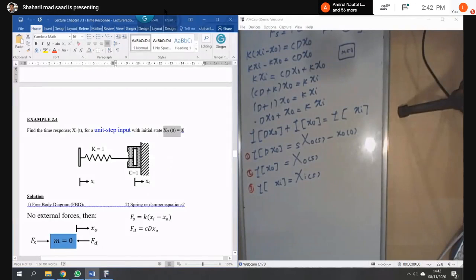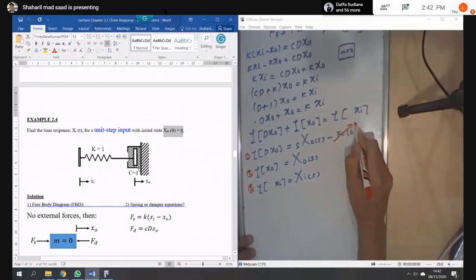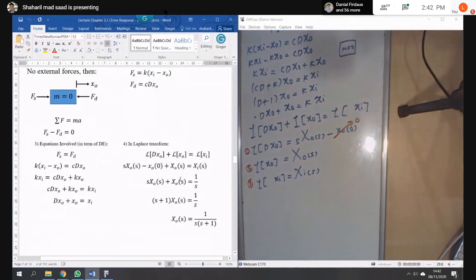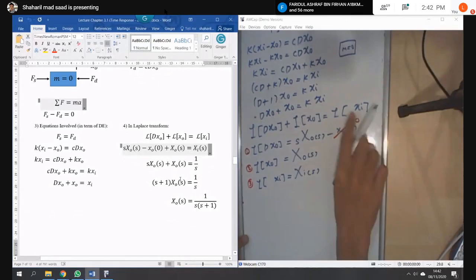Oh yes, it is given to you that x naught equals 0. That means at the initial stage there is no displacement. So what you can do is put it as 0, and you only have this one left. And then you can solve it. You can combine it together for this equation.